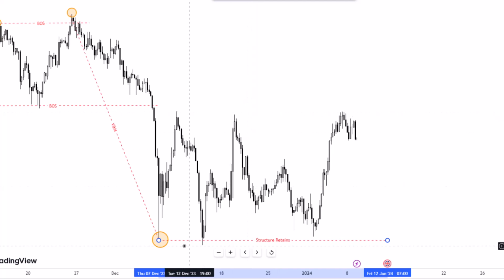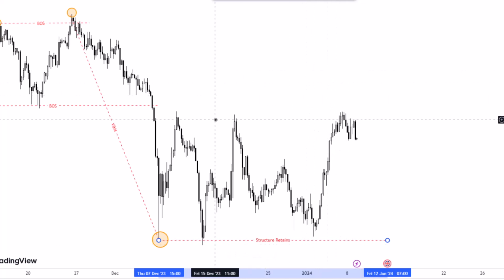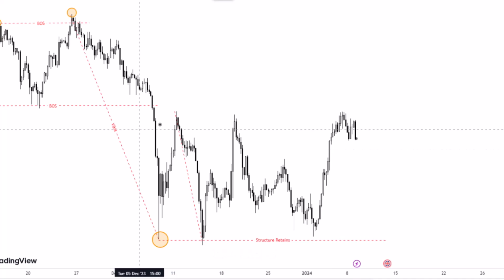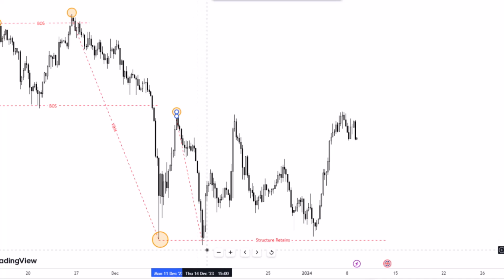Hence, we can say structure has retained from this level. It hasn't yet broken. This was the highest point where it retraces. It came back into our structure. It never broke our structure.